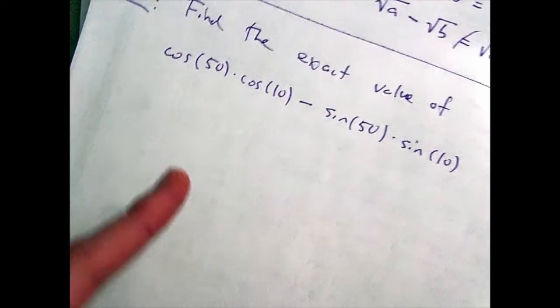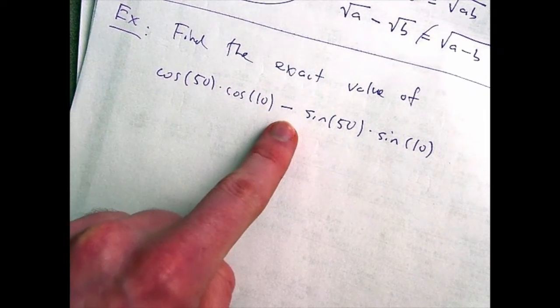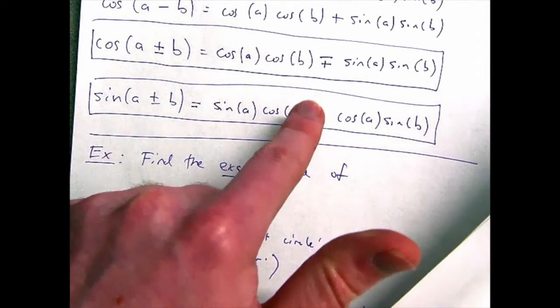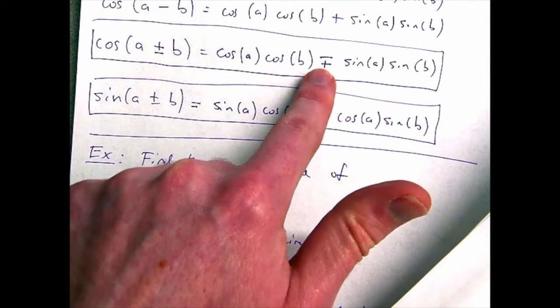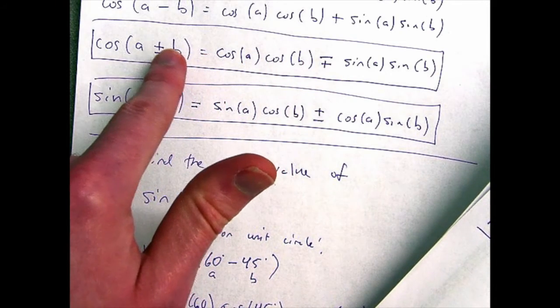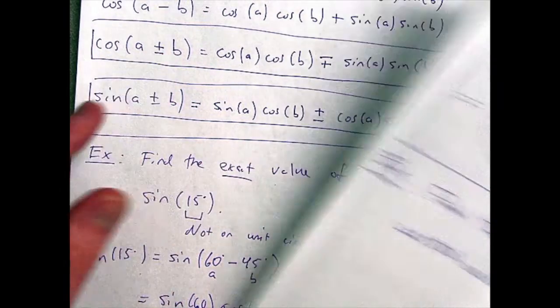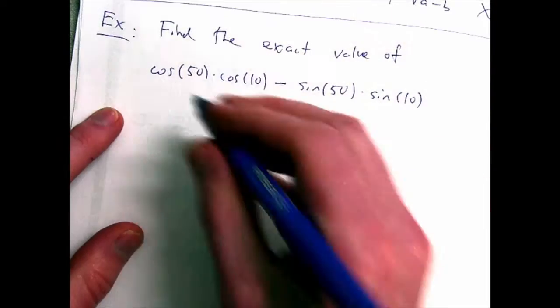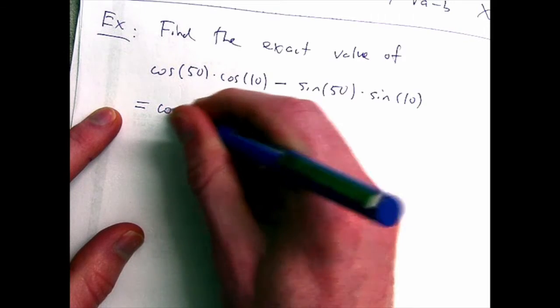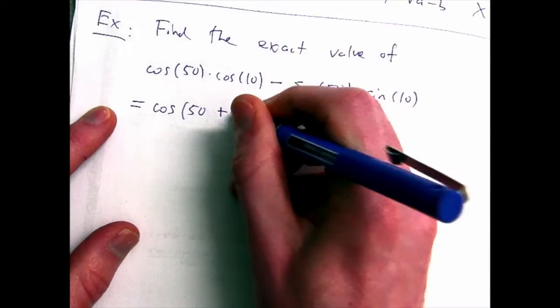Exactly which one it is, we have to think there's a minus in between these two terms. And when is there a minus in between the two terms? Okay, the minus is on top here, and the plus is on top here. So that means it's really the sum, okay? So I claim that this is actually equal to the cosine of 50 plus 10.